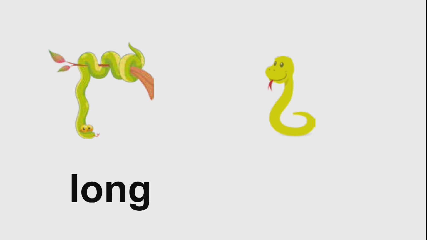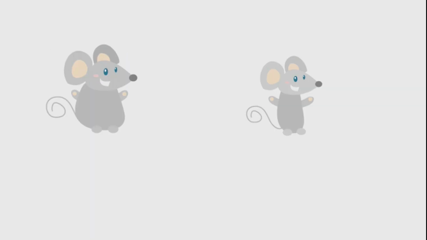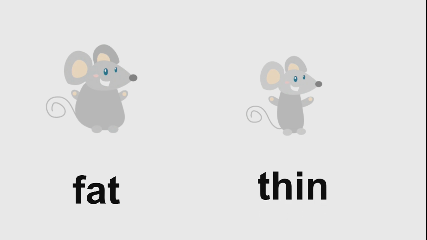The second one is not long, it's short. Say it. Long and short. These are mice. One mouse is fat. Another one is thin. Repeat, please. Fat, thin.